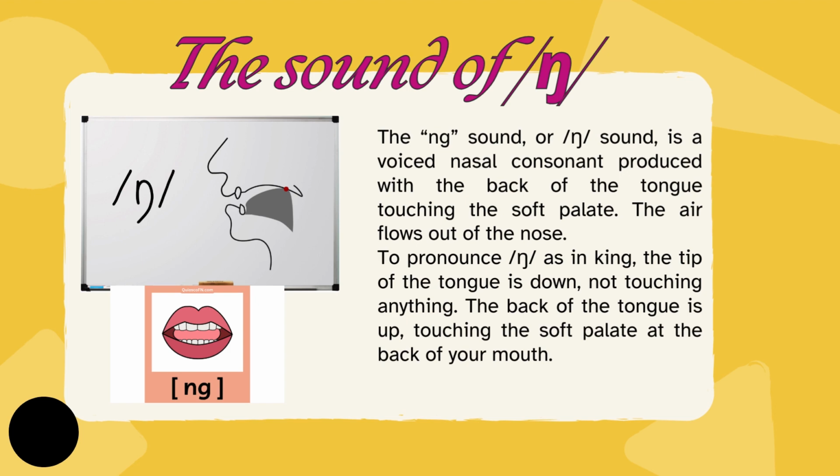You cannot study the ng sound without also studying the N sound. The symbol for this sound is like the letter N but with a small tail like the letter G, as you can see in this picture, right?